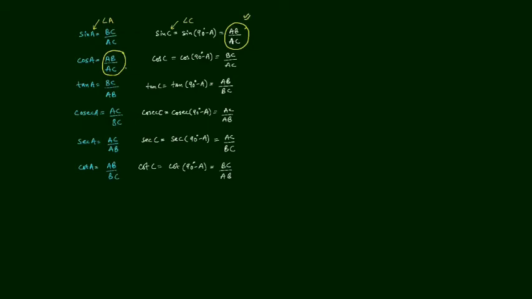So in place of AB upon AC we can write cos A. It means sin 90 minus A is equal to cos A. So the first formula is that sin 90 minus A is equal to cos A.